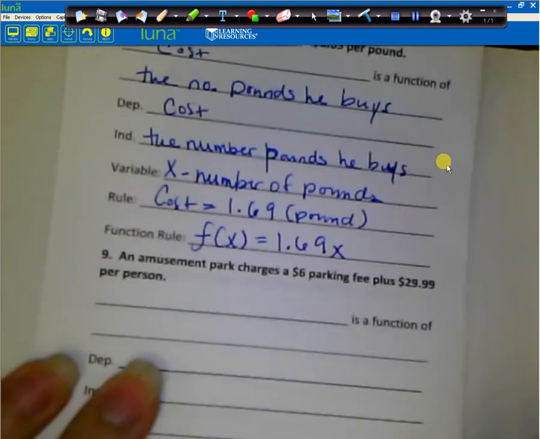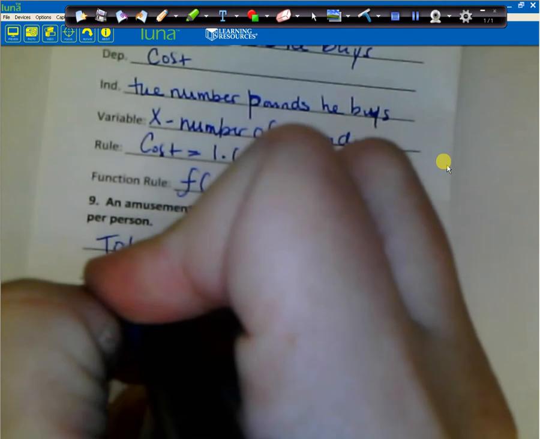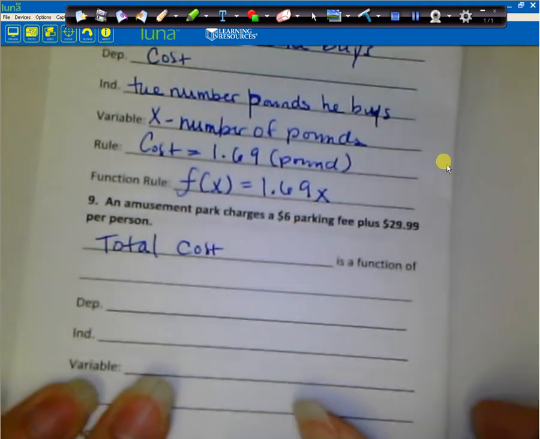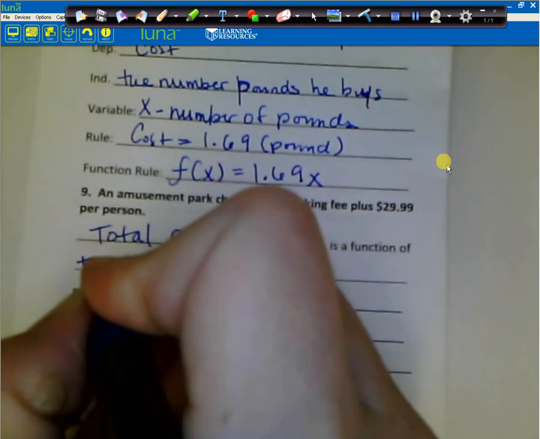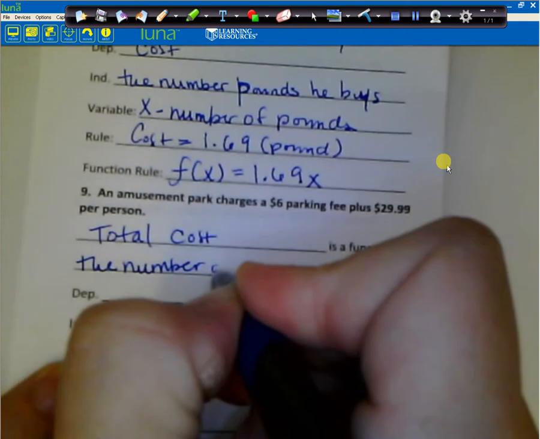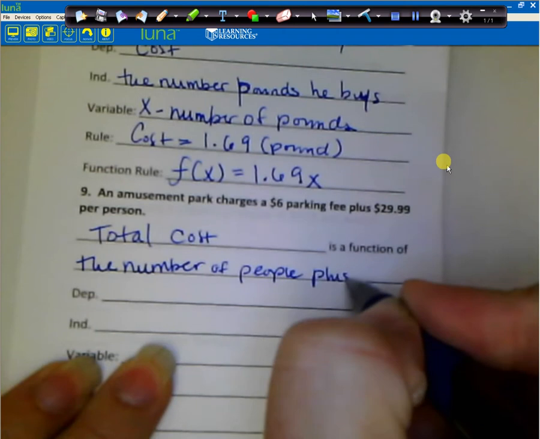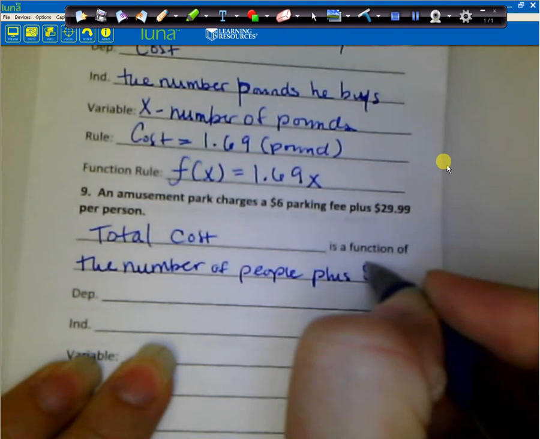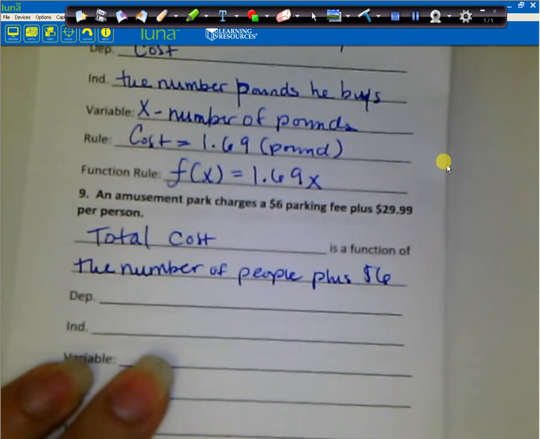So the total cost is a function of the number of people plus $6.